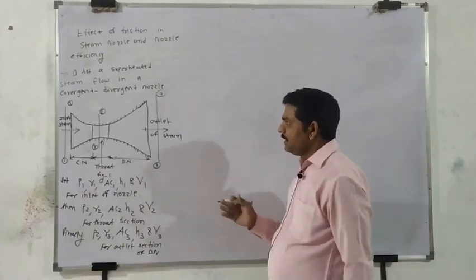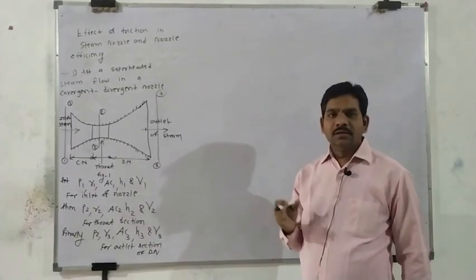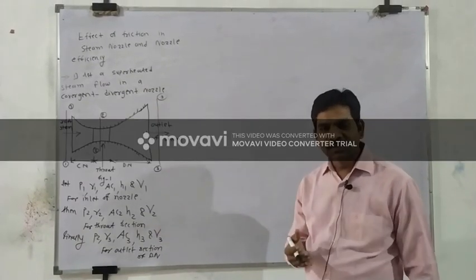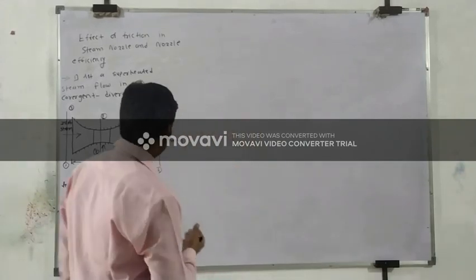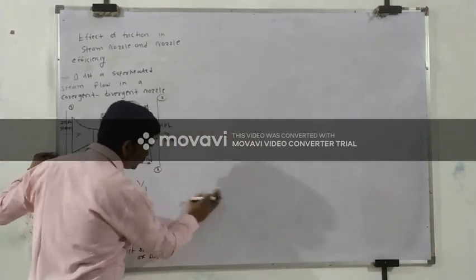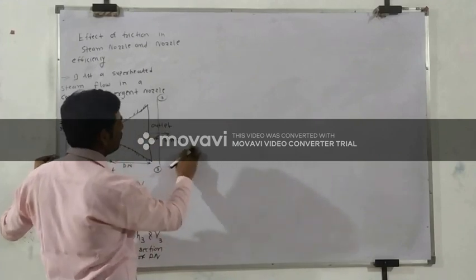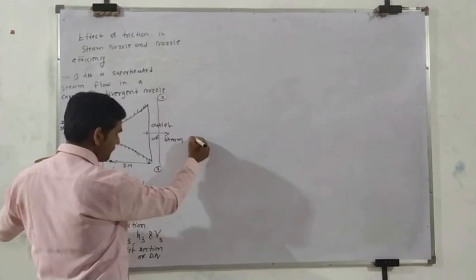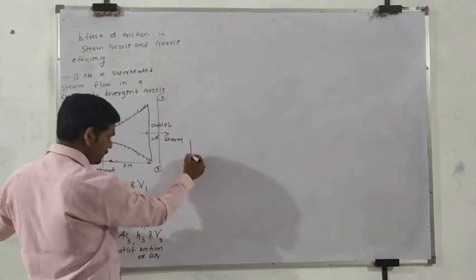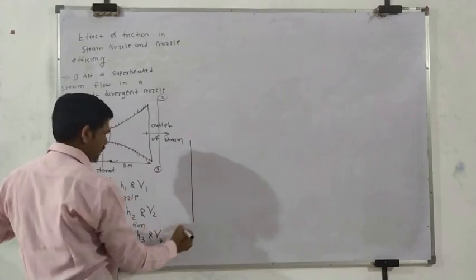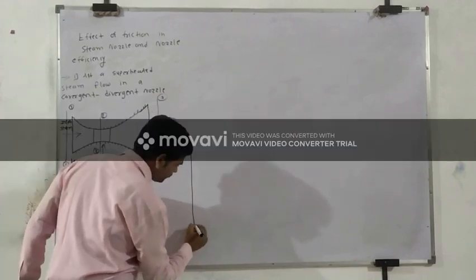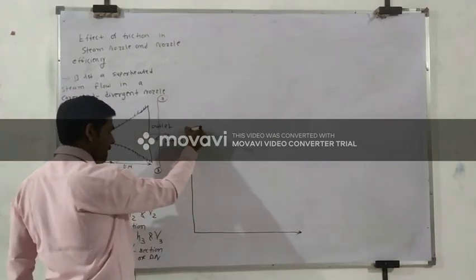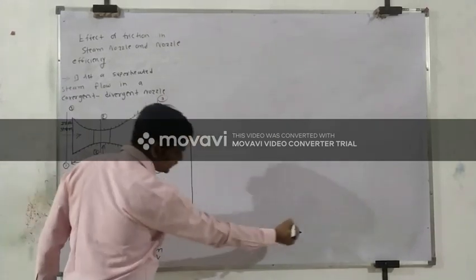Okay. Then we have to draw this process on an HS diagram, the enthalpy versus entropy diagram, for the flow of steam through the nozzle. So see boys, here I draw the HS diagram. This is the y-axis and this is the x-axis.